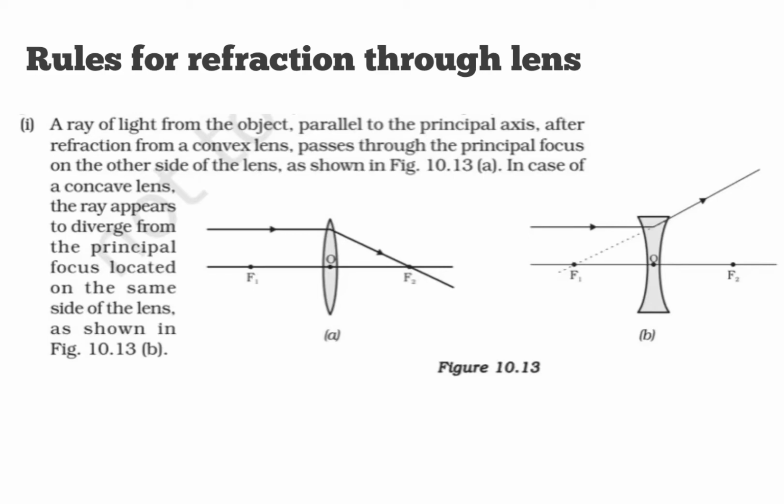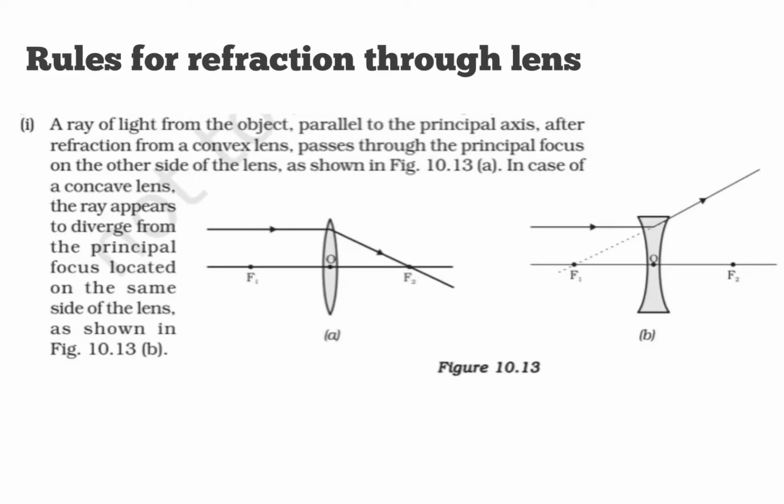First rule is that a ray which is parallel to the principal axis passes through F after refraction from the lens. Here in the first diagram you can see that a ray which is parallel to the principal axis of a convex lens passes through F after refraction, that is, it is passing through F2.